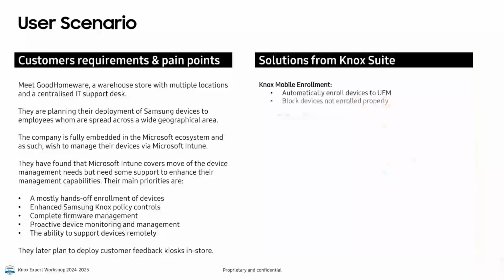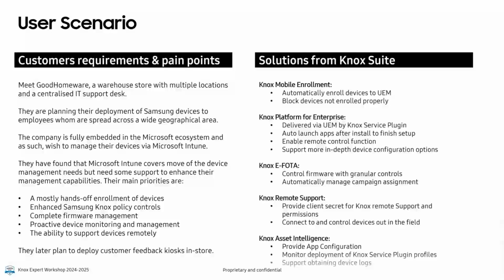And then throughout this, we'd be able to look into solutions that Knox Suite can provide along with their namesake providers of those solutions. So, Knox Mobile Enrollment, Knox Platform for Enterprise, Knox E-FOTA, Knox Remote Support, and Asset Intelligence. Through each of these, we're able to do all of the points listed on the right hand side.